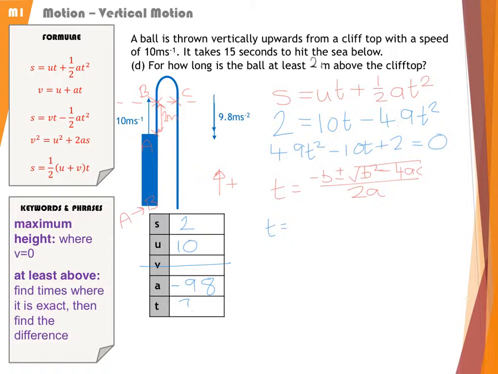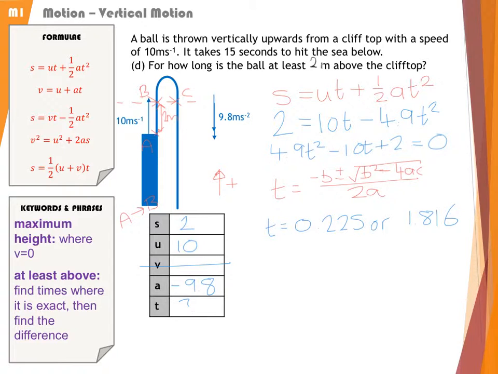Okay, so T equals 0.225, or our other option, if we use the positive root, is 1.816. You'll probably notice that I've given this to a little bit more than 3 significant figures. It's because I want to use my in-between answers to more significant figures so that when I round at the end, it's still accurate enough.